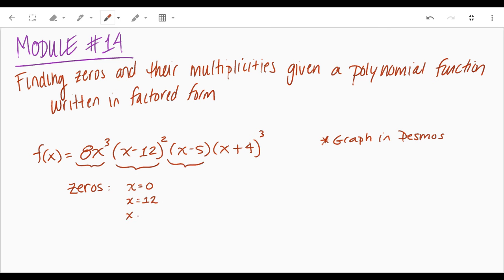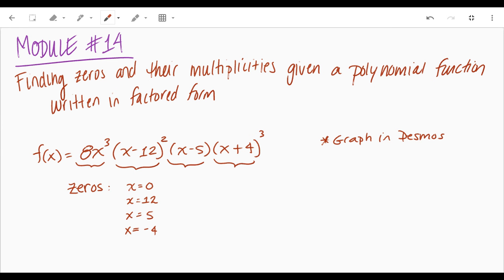X minus 5, so x equals 5 would give you a 0. And x plus 4, so x equals negative 4 would give you a 0. Any of those x values, when plugged into the expression, would make the entire expression equal to 0, okay? So for this problem, those are your zeros, but now they ask you also the multiplicity, okay?